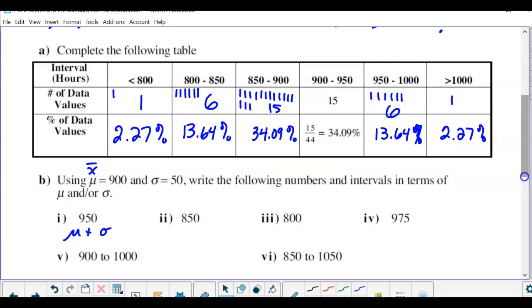Kind of working backwards from numbers to symbols to variables. 850 would be mu minus sigma, 900 minus 50. 800 would be 900 minus 2 times 50. So you have to show it in terms of mu and sigma.